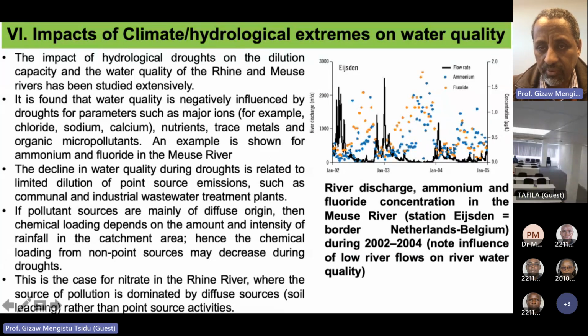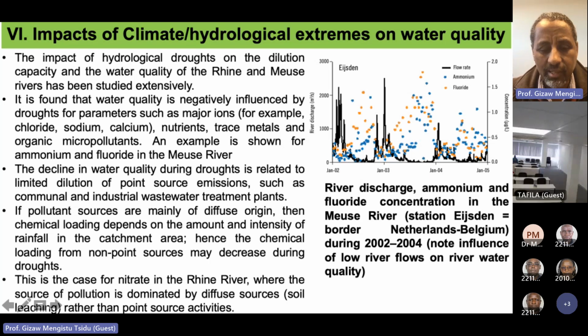If you have a high flow rate, you can see it by sharp peaks on the curves on the right side of your screen, and minimum flow is where you see flat, close to the zero line, from January 02 up to January 05. Okay, and you can see the amount of ammonia and chloride measurement given in microgram per liter.